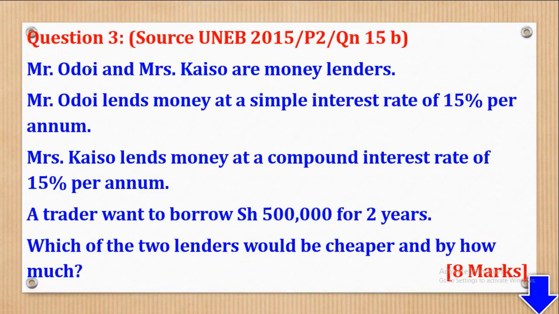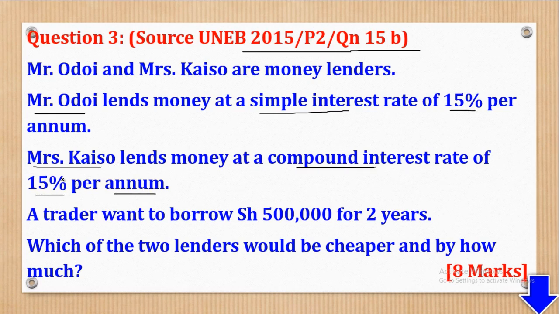Now we shall go to question 3. Question 3 came from UNEB 2015 paper 2 question 15b, and it says Mr. Odoi and Mrs. Kaiso are money lenders. Mr. Odoi lends money at a simple interest rate of 15% per annum. Mrs. Kaiso lends money at a compound interest rate of 15% per annum.